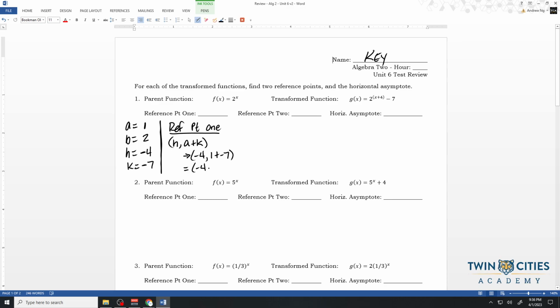So this is negative 4, comma, negative 6. All right, reference point 2.